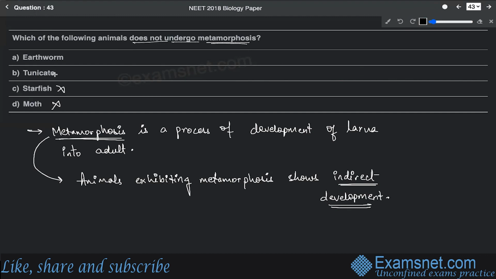Then there is tunicates. Tunicates also show the process of metamorphosis. And the only left option is earthworm, which has a process of direct development. They do not show indirect development. Rather, they have direct development where there are no larval stages found and no metamorphosis.